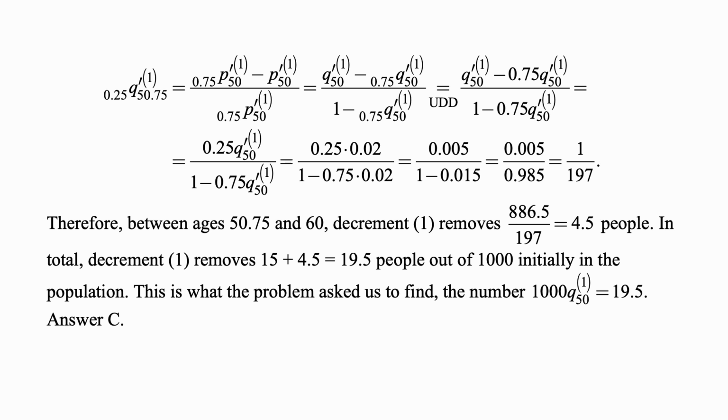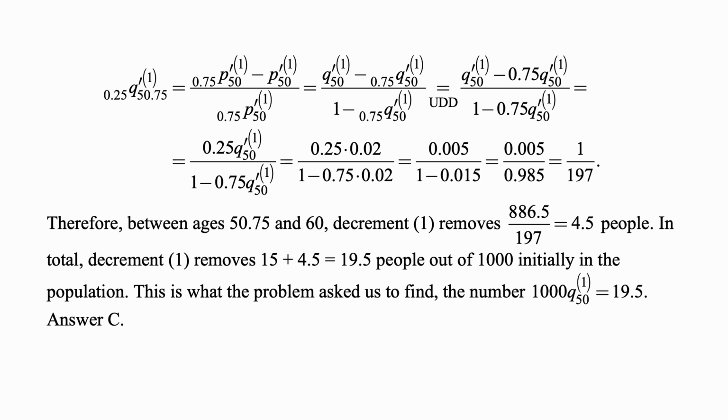And we have those numbers. We just plug them in. So this is 0.25 times 0.02 over 1 minus 0.75 times 0.02. So it's 0.005, which would be naively the probability if we didn't account for the fact that we're starting out in this calculation from age 50.75. So that top is the naive first estimate, but it's incorrect.